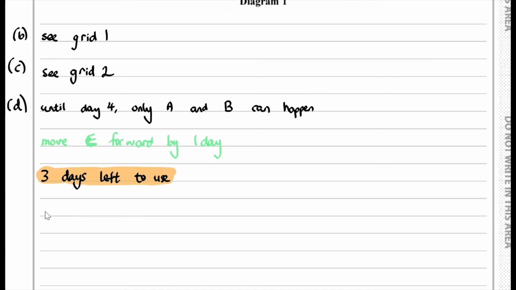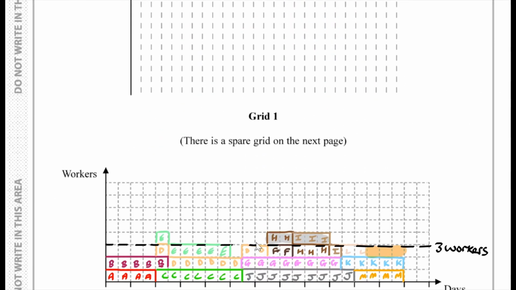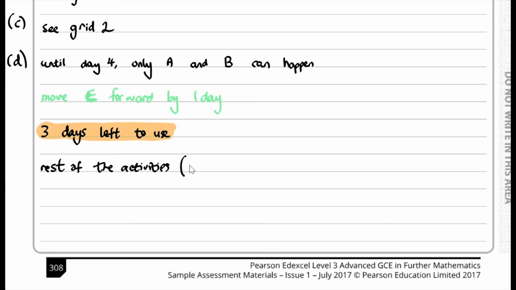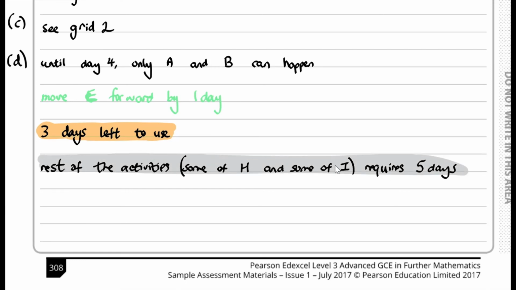So the rest of the activities, that's referring to the H and the I, so that's referring to the sum of H and I. This over here requires 5 days. And we saw that shaded in grey in the Gantt chart, okay?